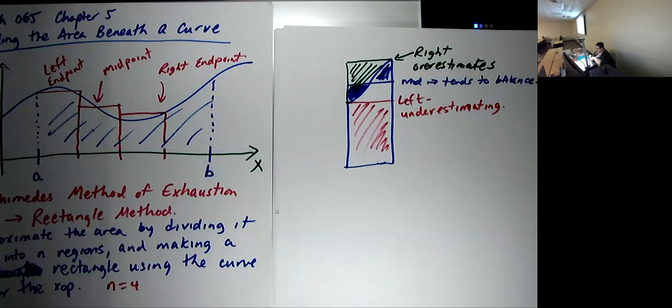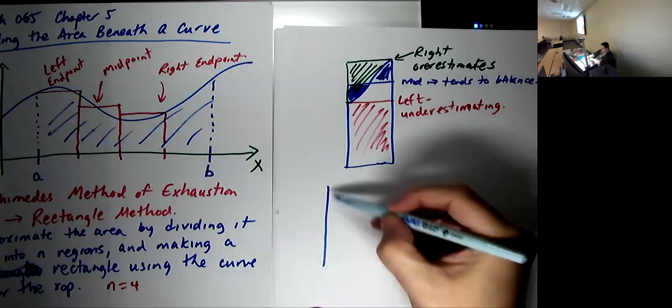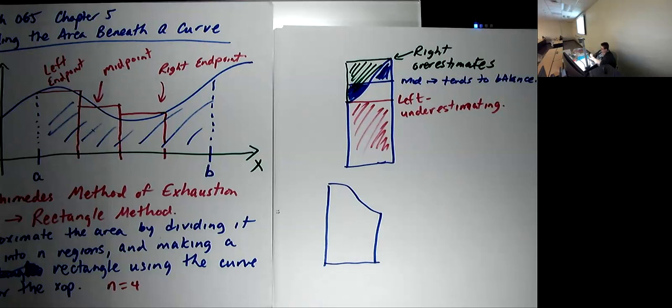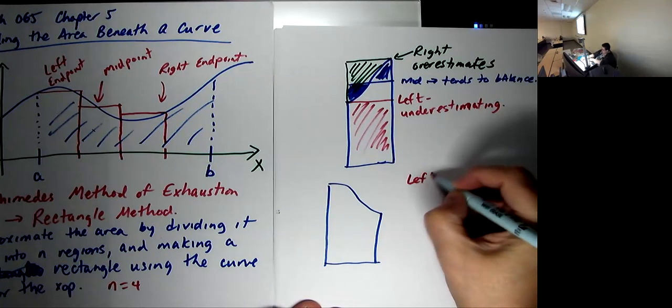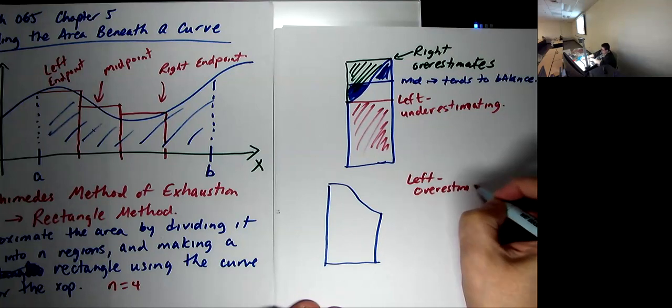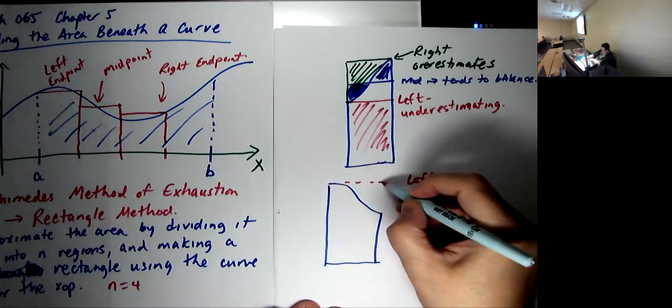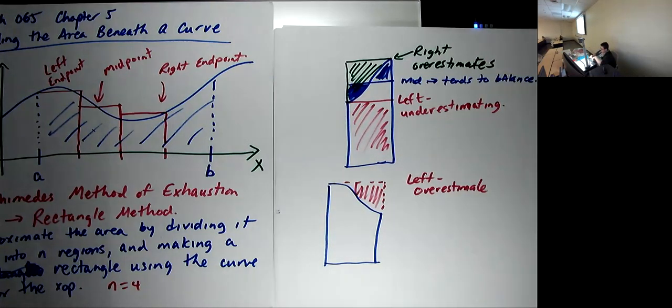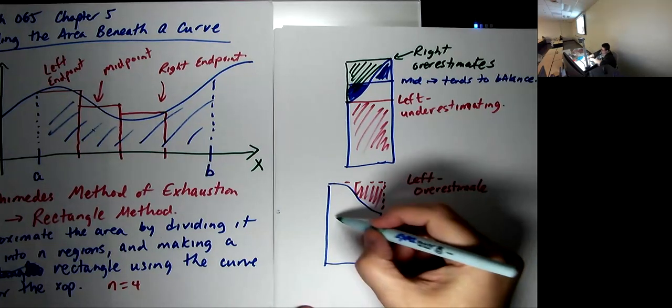But this problem with the left and the right was only if we had a region of increase. If you look at something where we're going downward, you can now see that the left would overestimate here. You get that extra stuff right there. And the right would underestimate.